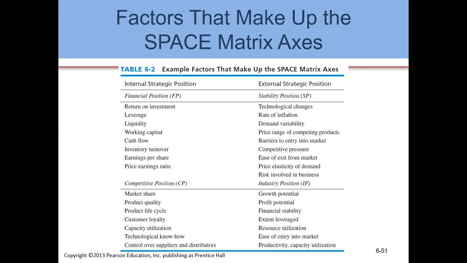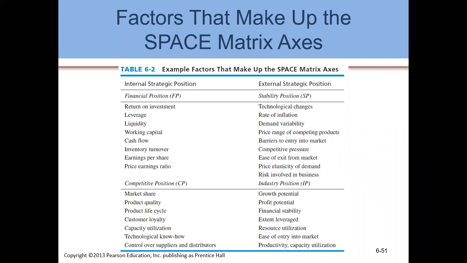When we talk about comparative position, CP, the factors we might be taking are market share, product quality, product life cycle, customer loyalty, capacity utilization, technological know-how, control over suppliers and distributors, and many more. Remember that these are just examples. You can take these as same, or you can have other variables included in CP, FP, SP, and IP.